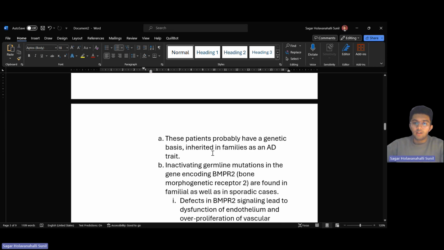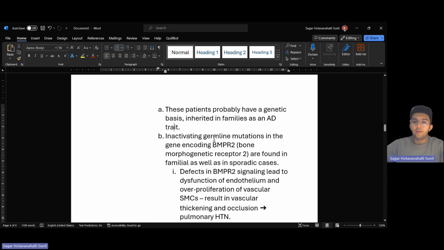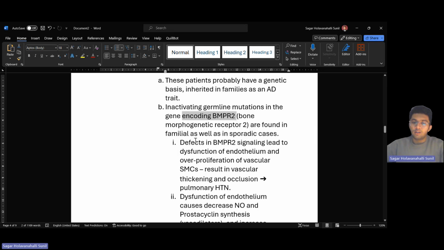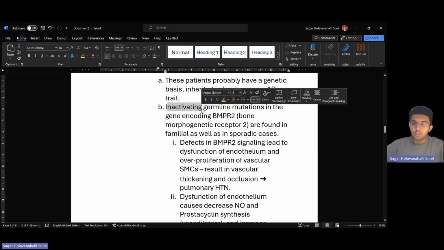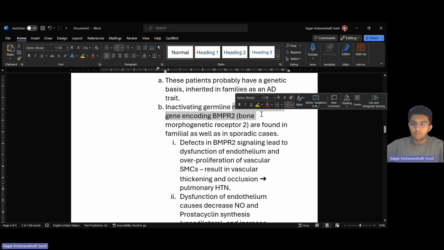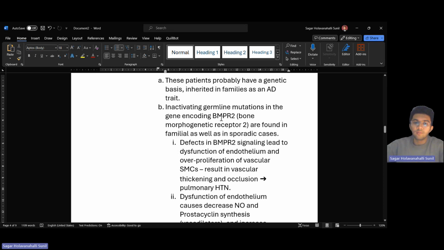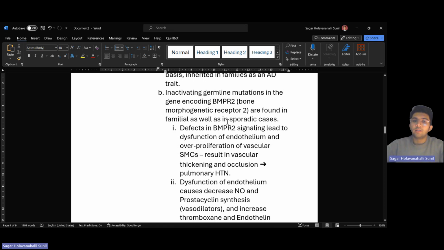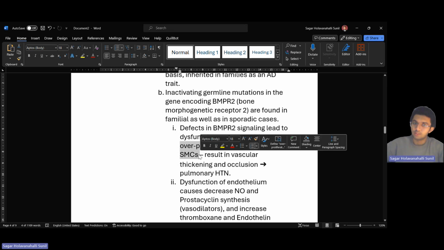unknown cause. This could be because of some genetic basis where you have an autosomal dominant trait, where you have an inactivating germline mutation in the gene that encodes BMPR2, that is bone morphogenetic protein receptor 2. When there's a mutation that results in an inactivation of this, what's going to happen is you're going to have an overproliferation of vascular smooth muscle cells.